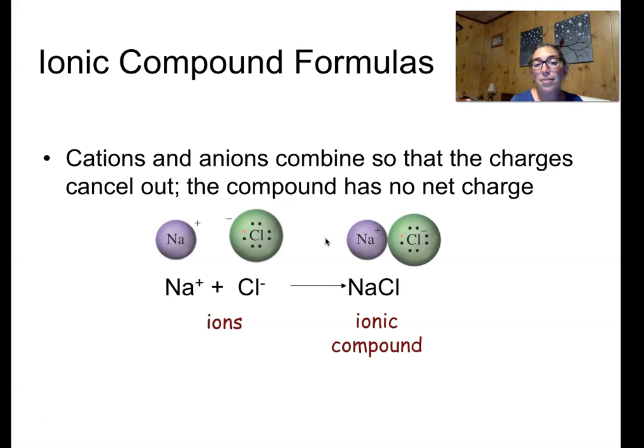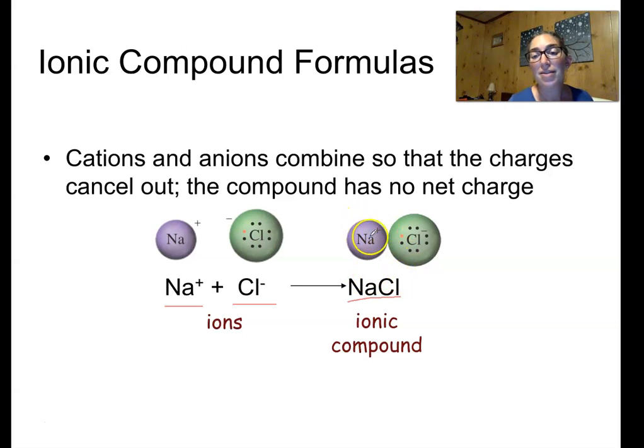Now, when ionic bonds form, they form ionic compounds. So you have a sodium ion that has a positive charge and a chloride ion with a negative charge. And those two ions get close together and you end up with an ionic compound, sodium chloride. It contains one sodium and one chloride ion.